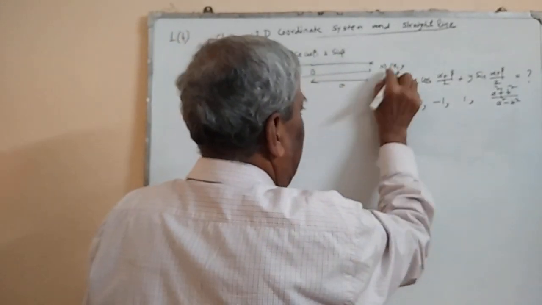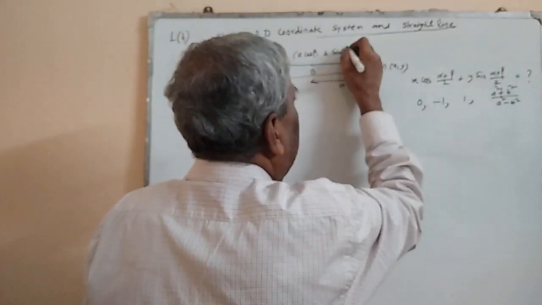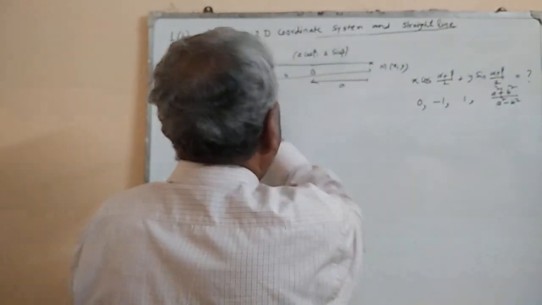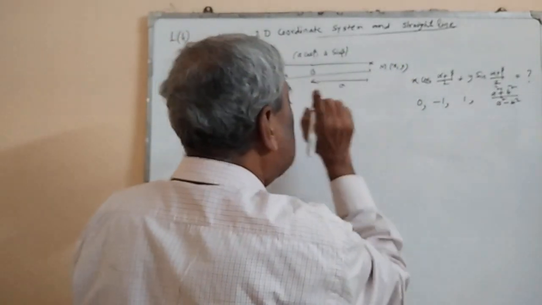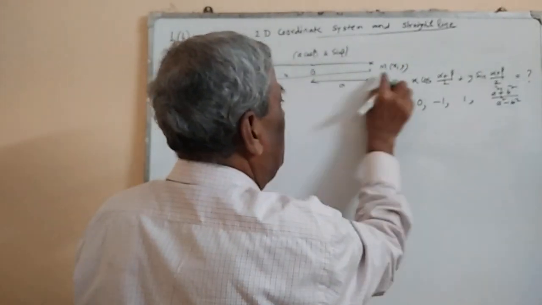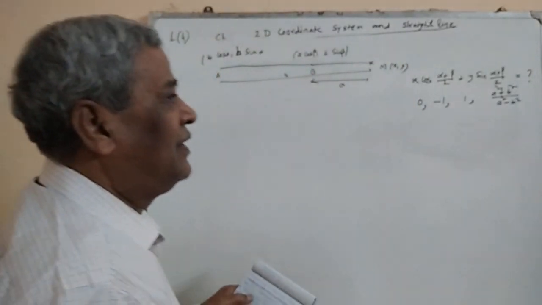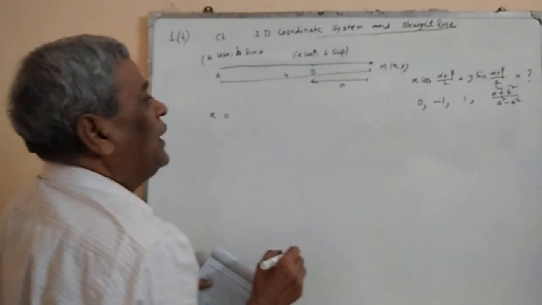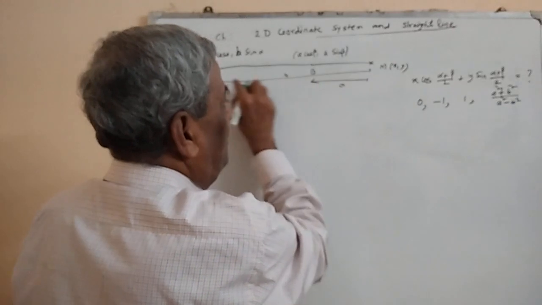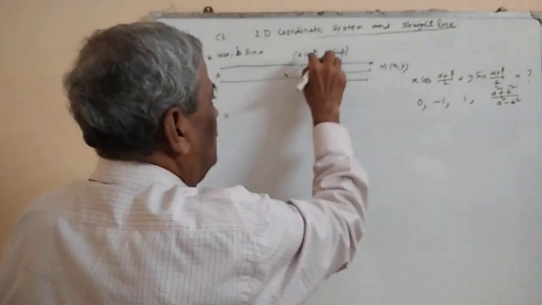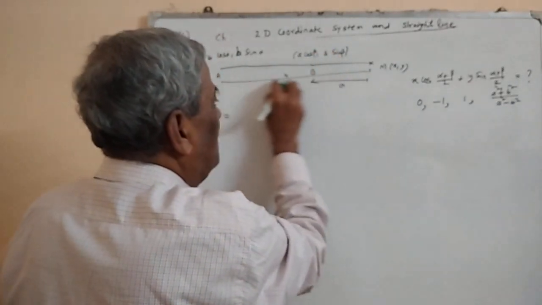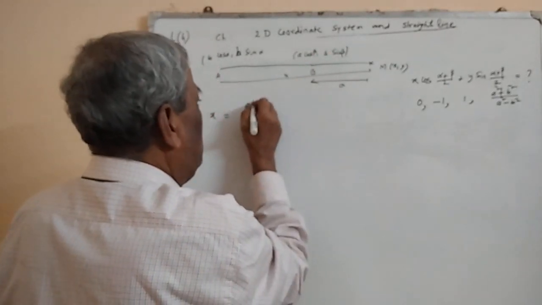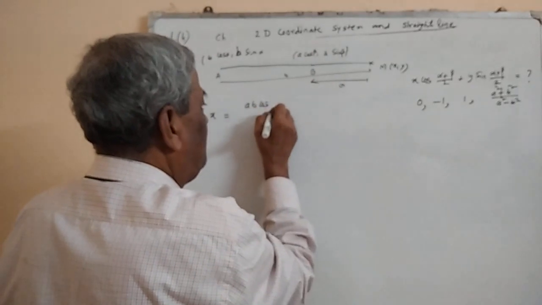The point M is given, and point M divides AB externally in the ratio B is to A. Then the x coordinate of M is equal to B into the x coordinate, this is AB cos beta.